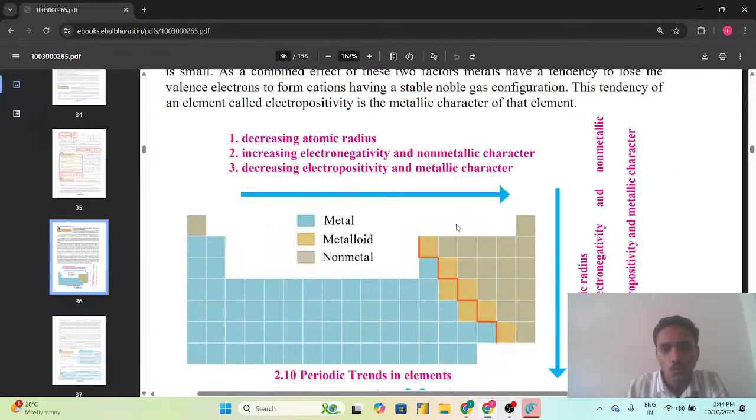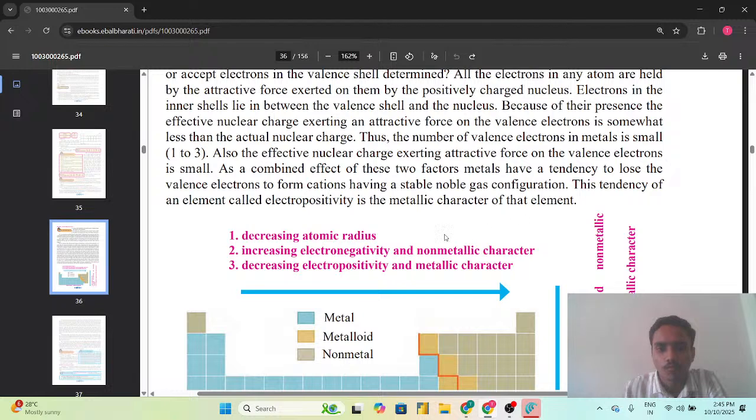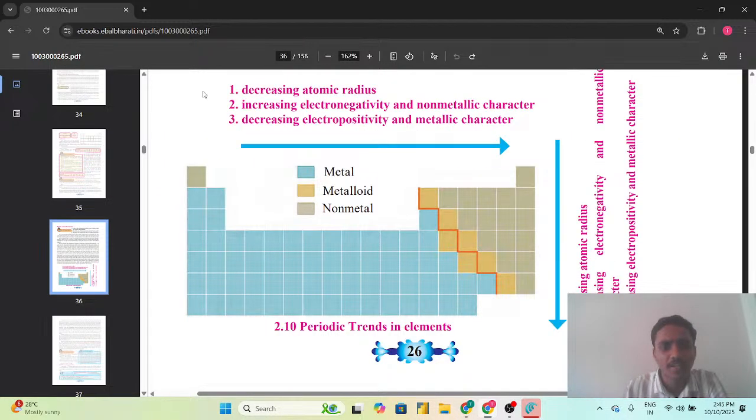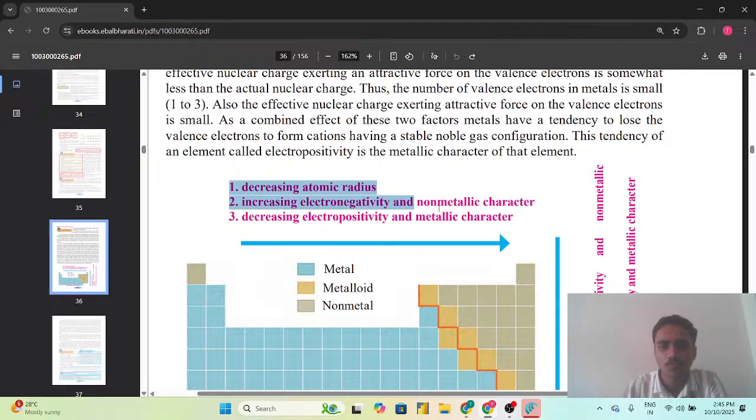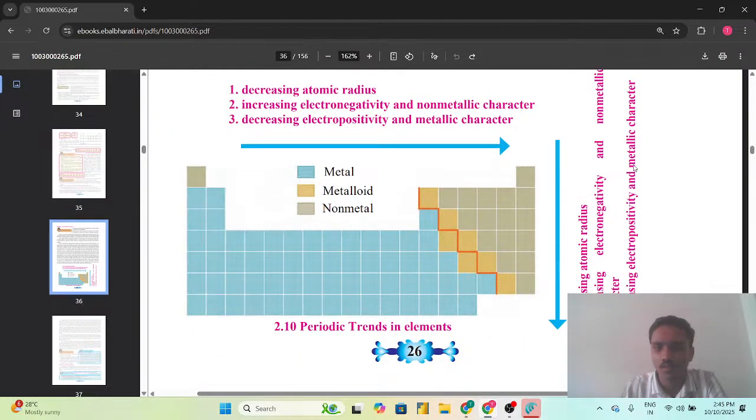So now we will look forward, here we have given some trends, such as decreasing atomic radius, as we have studied all about this in the upper part. This is only the diagrammatic representation given here. Decreasing atomic radius: as we travel along a period, atomic radius decreases.